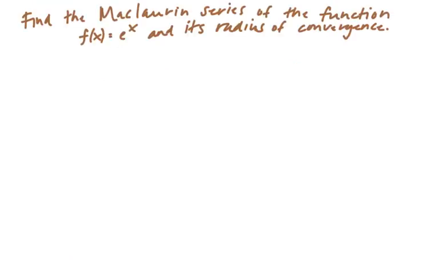Okay, this example says, find the Maclaurin series of the function f of x equals e to the x and its radius of convergence. Now, it says Maclaurin series here, but it could have said Taylor series, where a equals 0.